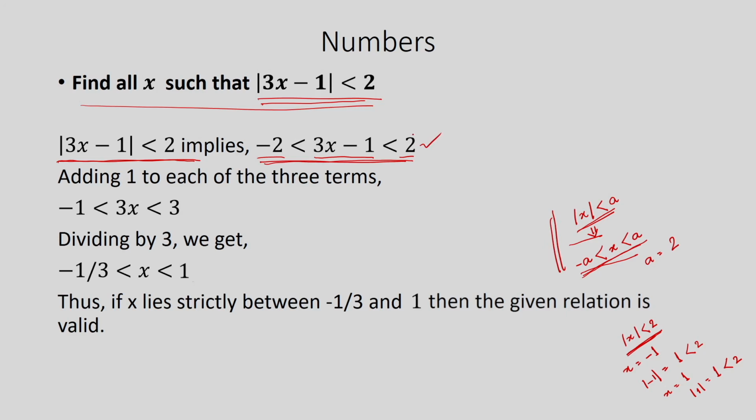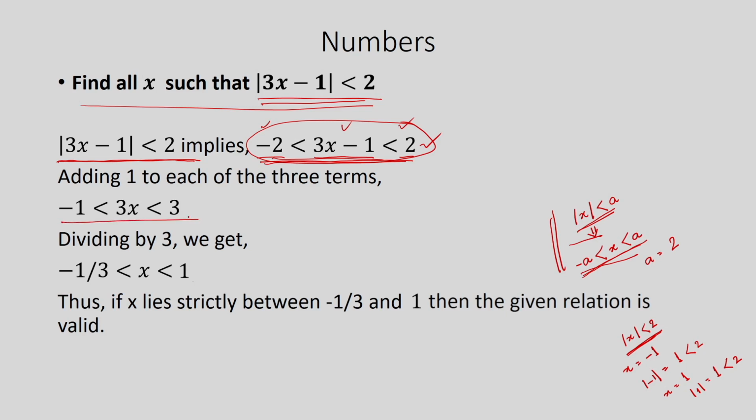Now we have to use this relation to get the different values of x which satisfy the given relation. From here, adding 1 to each of these three terms, this is what we get.